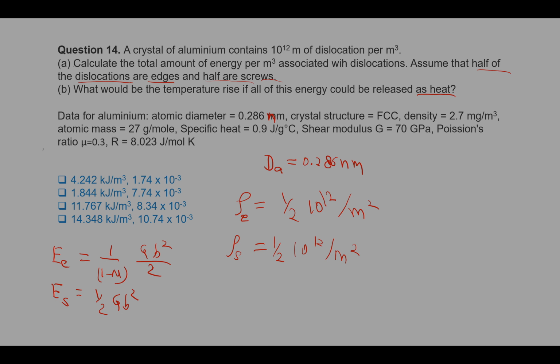So they are asking for energy in meter cube. So total energy will be epsilon E into rho E plus epsilon S into rho S. Okay, after getting the G value, we have already been given it.